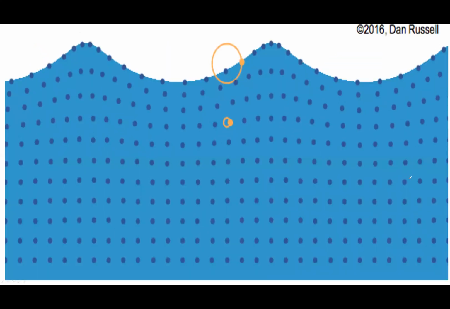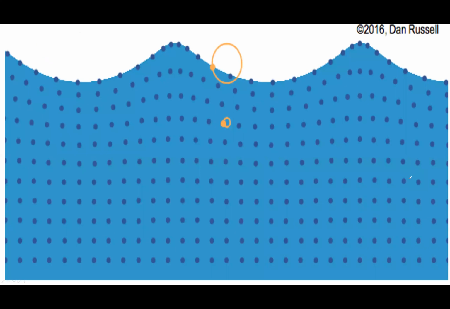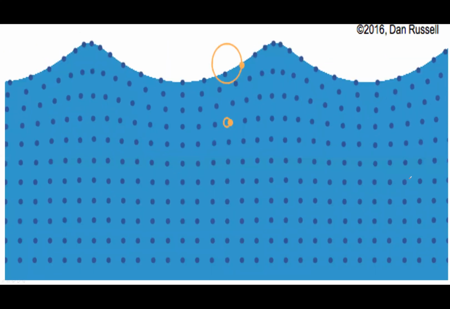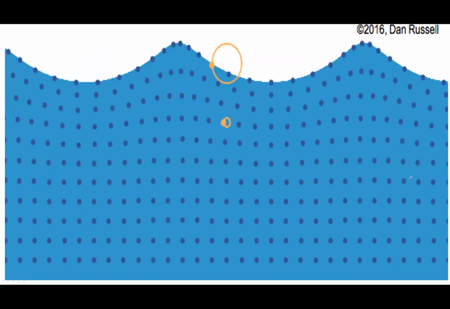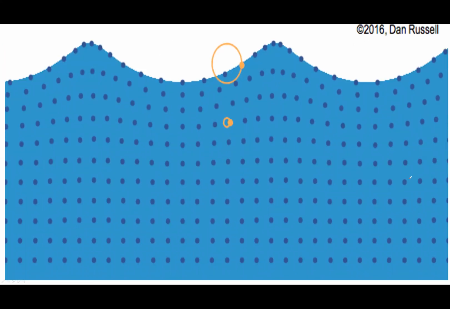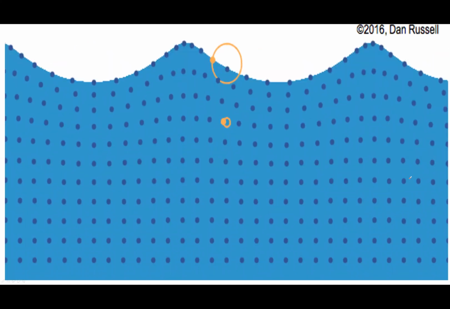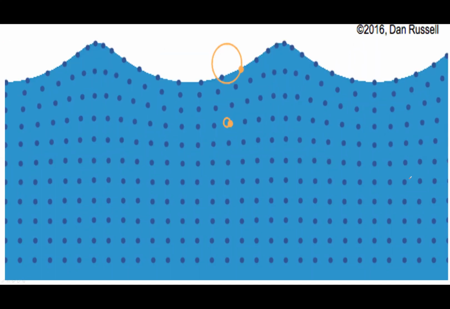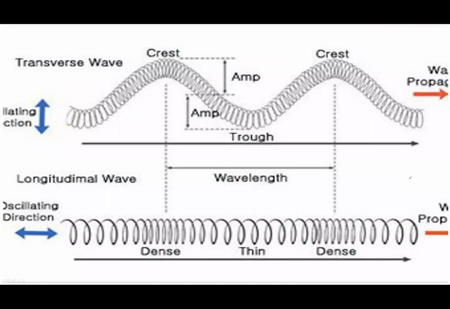This is the next example you can see. Same but with small size. You can check. Particles move up and down at their own position, and the disturbance is transferred to the edge. Now we will explain different terms related to simple harmonic motion.